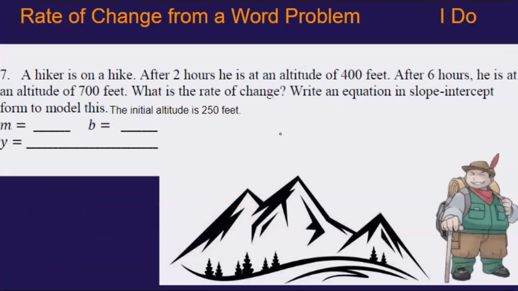Rate of change for a word problem. Here's another example. A hiker is on a hike. After 2 hours, he is at an altitude of 400 feet. After 6 hours, he is at an altitude of 700 feet. What is the rate of change? Write an equation in slope-intercept form to model this. Oh, and the initial altitude is 250 feet, so we'll put that right here.